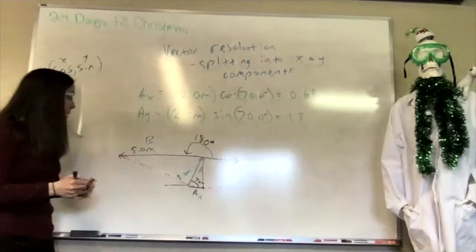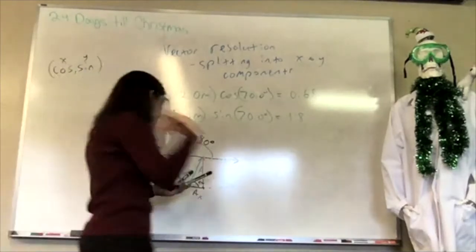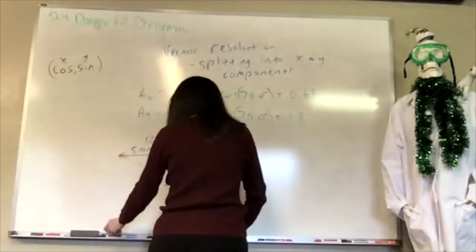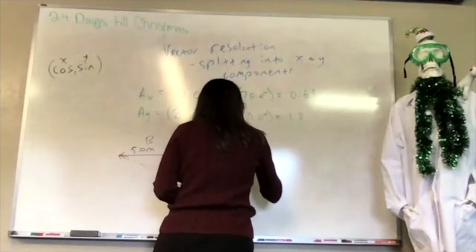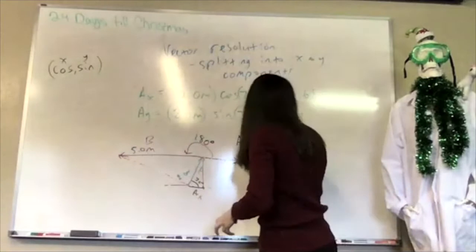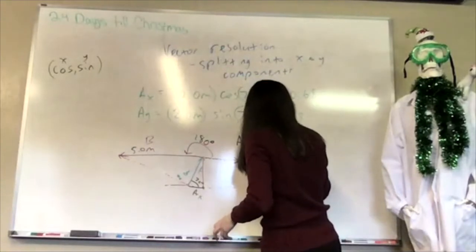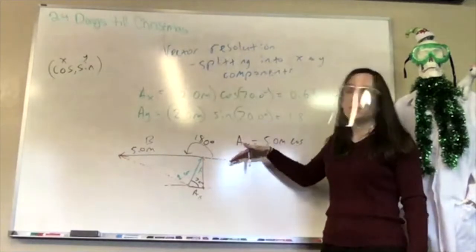And then we're going to do the same thing for the purple vector. So we'll take A of X and A of Y. A of X would equal the vector's magnitude, 5 meters, times cosine of its angle. We said it's 180, defined from the positive x-axis.